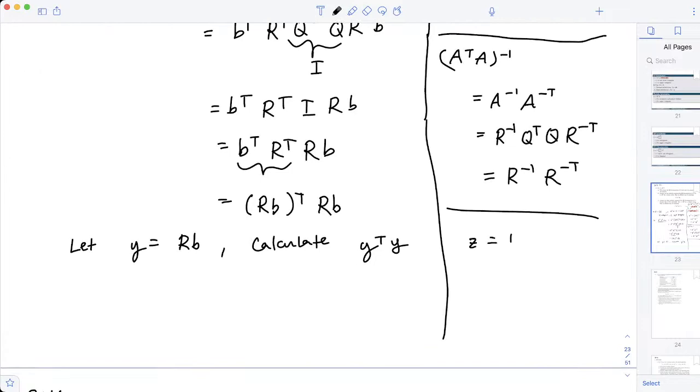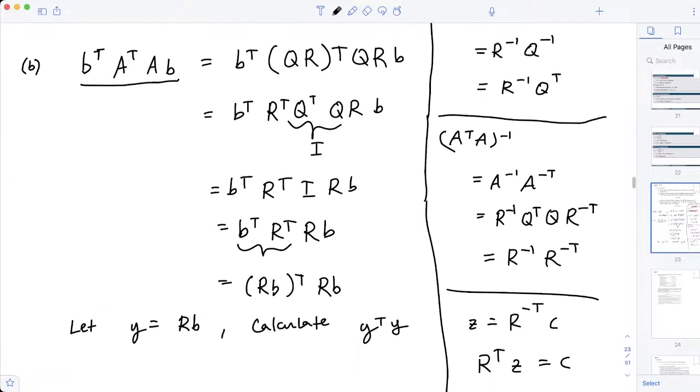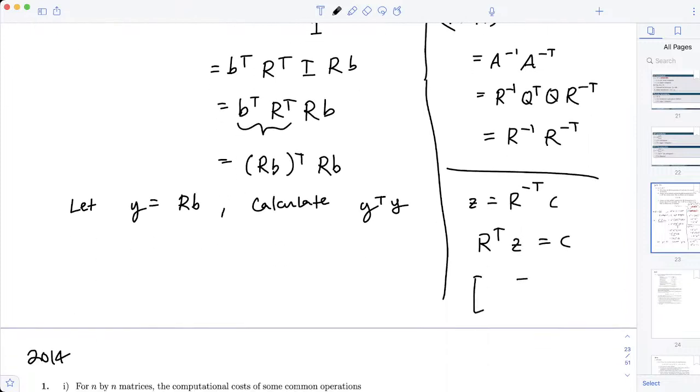Let's say we set z equal to that expression, R inverse transpose C. Then this is just a system of equations, which is R transpose z equals C. R is our upper triangular matrix, so if we take an upper triangular matrix and find the transpose of that, that would be lower triangular, right?